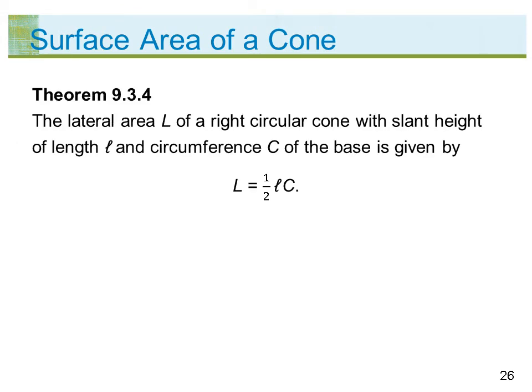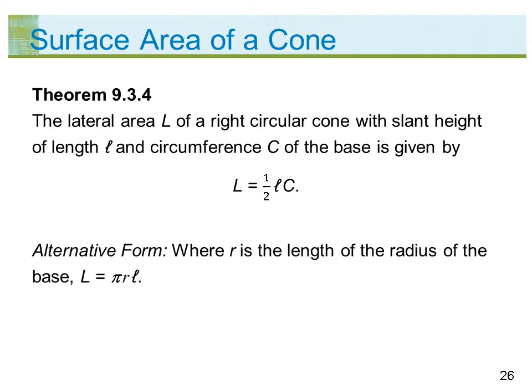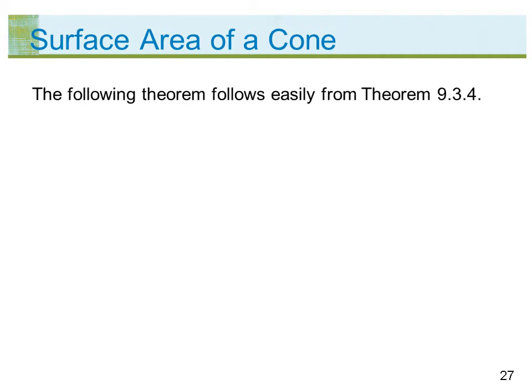Theorem 9.3.4. The lateral area, L, of a right circular cone with slant height of length ℓ and circumference C of the base is given by L = 1/2 ℓC. Alternative form, where r is the length of the radius of the base: L = πrℓ. The following theorem follows easily from Theorem 9.3.4.